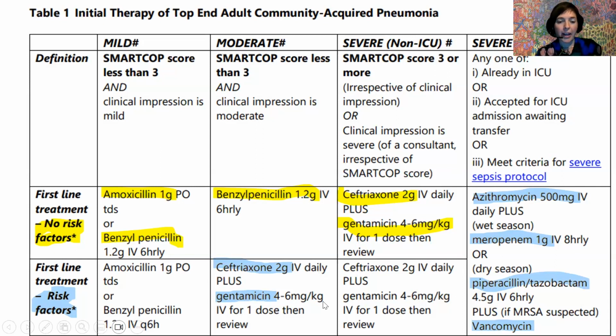So just to explain why some of these antibiotics are chosen. What you can see is the introduction of ceftriaxone and gent as the antibiotic protocol for moderate pneumonia with risk factors or severe non-ICU pneumonia. It's an interesting rationale for that.